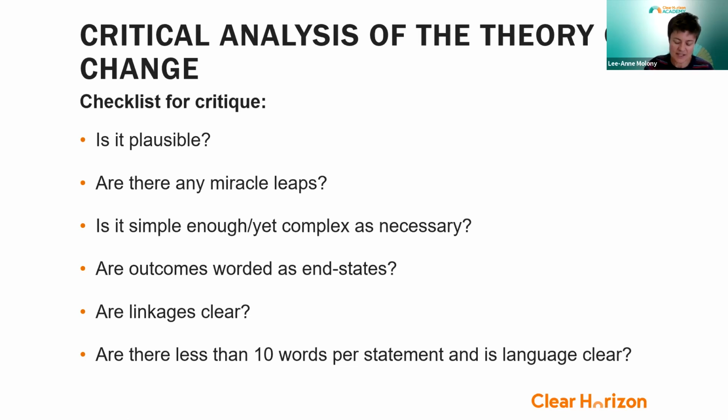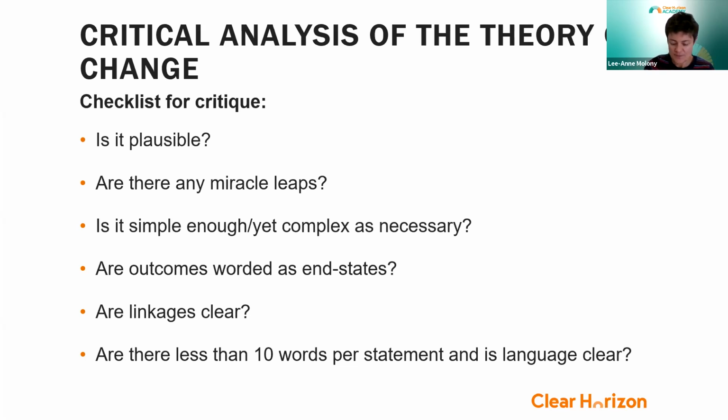So for example, if we're saying run a webinar, and as a result of that, we expect all these people who've attended the webinar to be doing what we want them to do differently. That's what we would call a miracle leap, that you need to really understand and step out how change is going to occur. So it might be that through the webinar, people have more awareness of the thing you're talking about, and they're possibly getting in touch with each other and learning from each other.